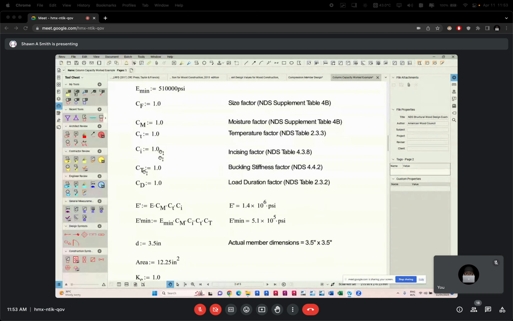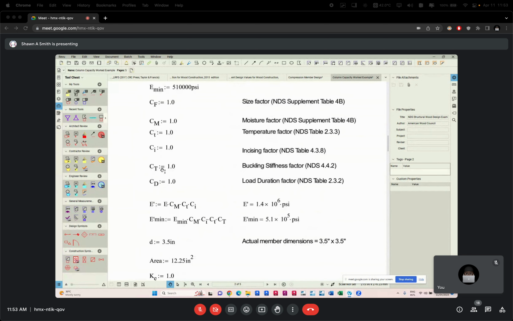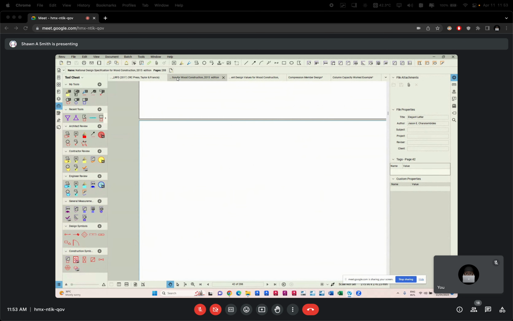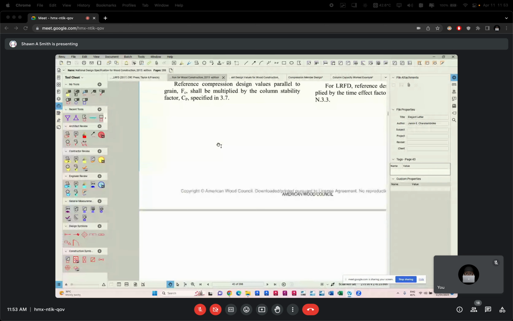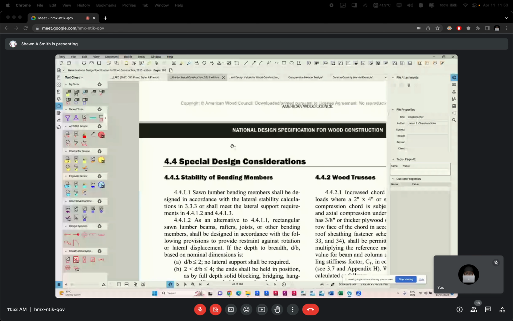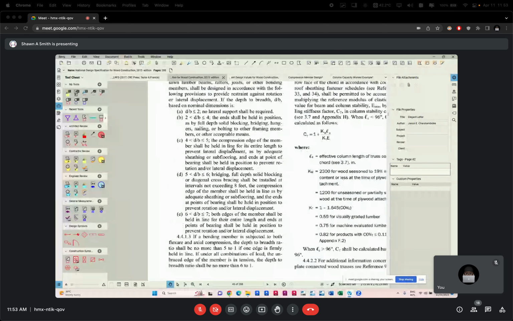Now we have the buckling stiffness factor. This is the stability factor now. Buckling stiffness factor is in 4.4.2 in the NDS, the same book we used a while ago. So we are going even further into this book. 4.4.2, stability of members, buckling. Where's that table?